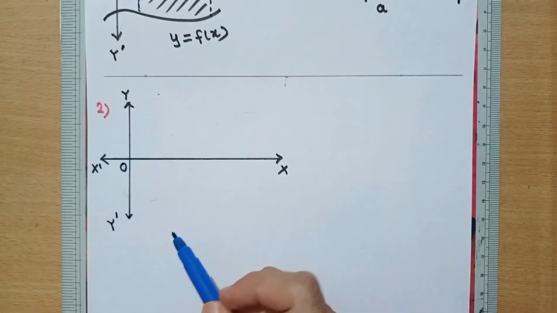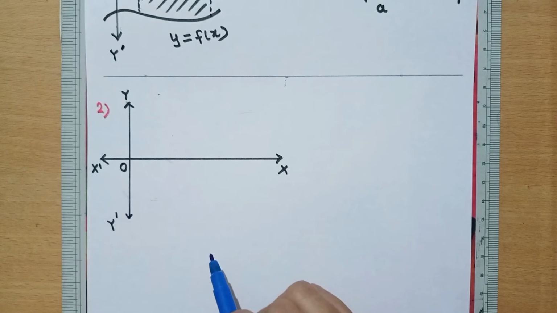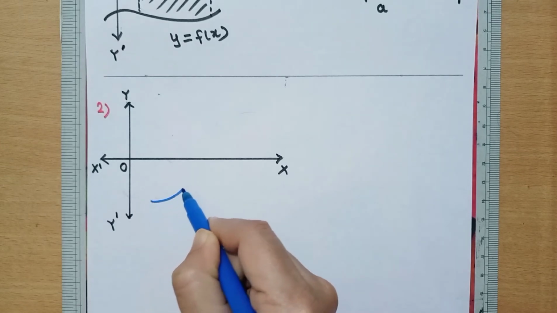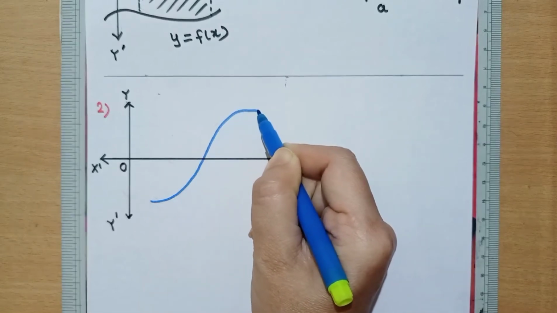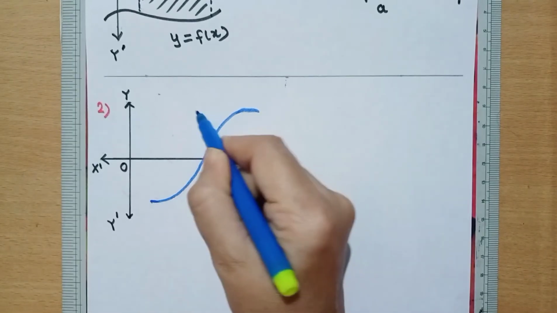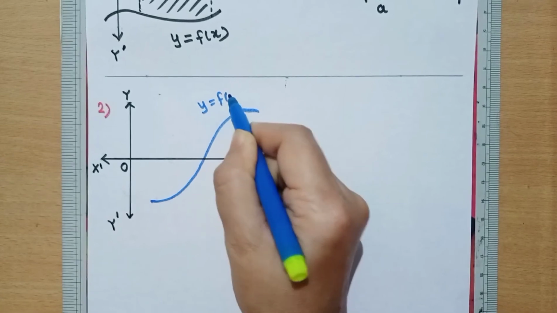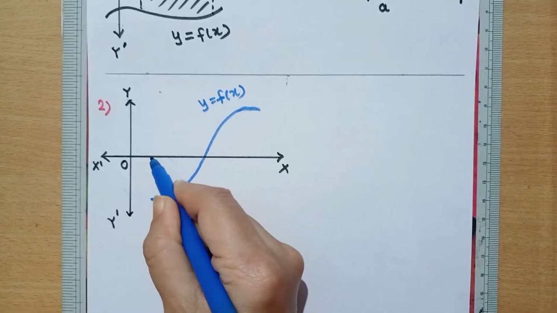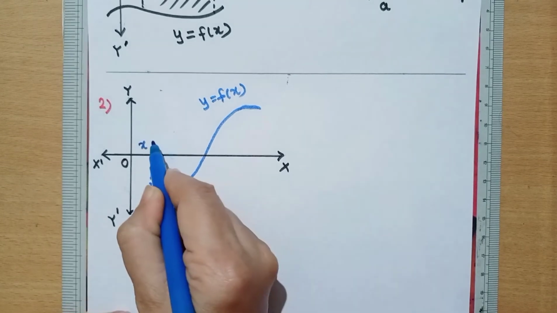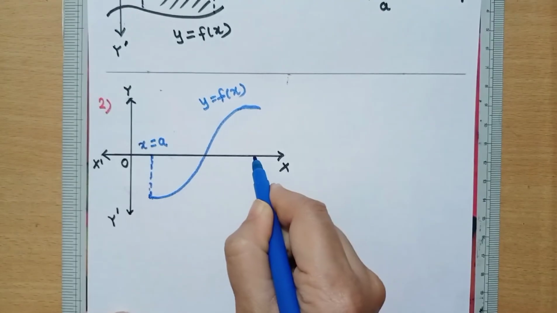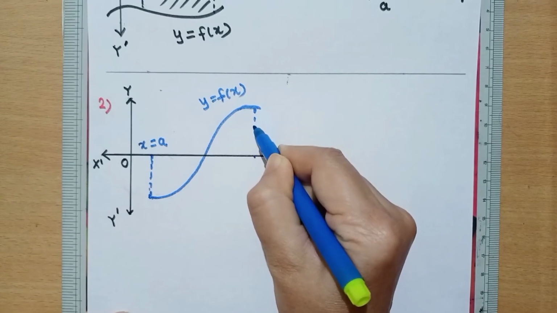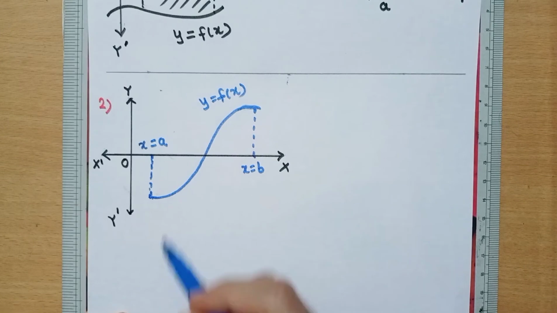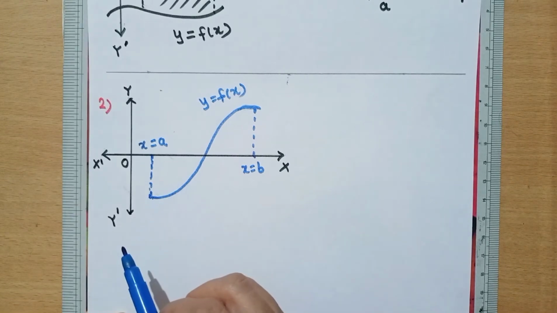Let's check the second remark. This is the xy plane, and the curve under consideration is like this, say y is equal to f of x. We consider this point as a, so x is equal to a, and this point is b, so x is equal to b, and we have to find the area below the curve.